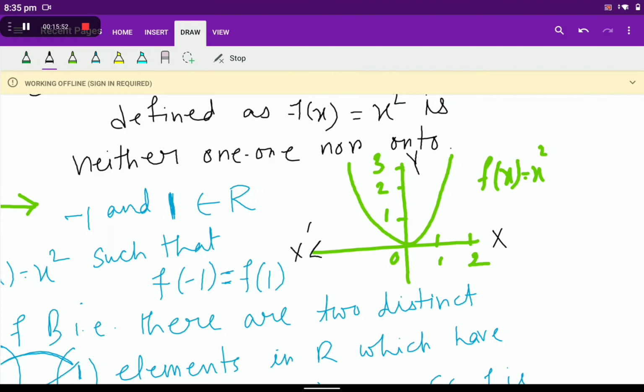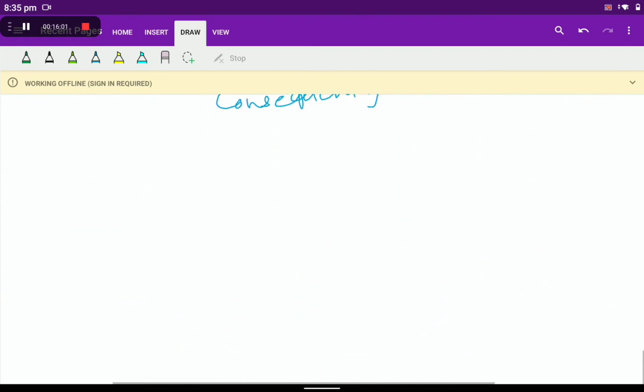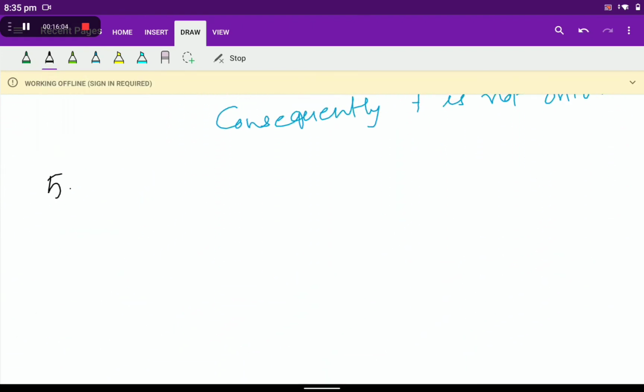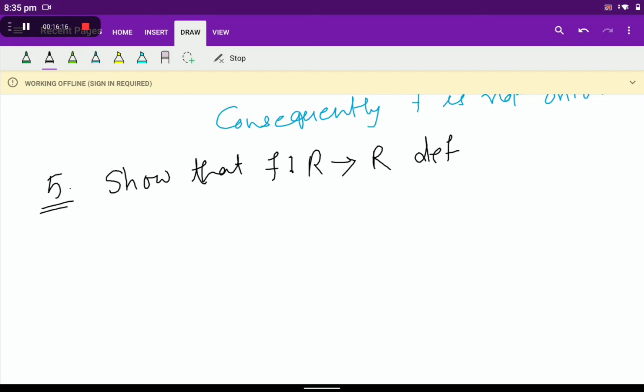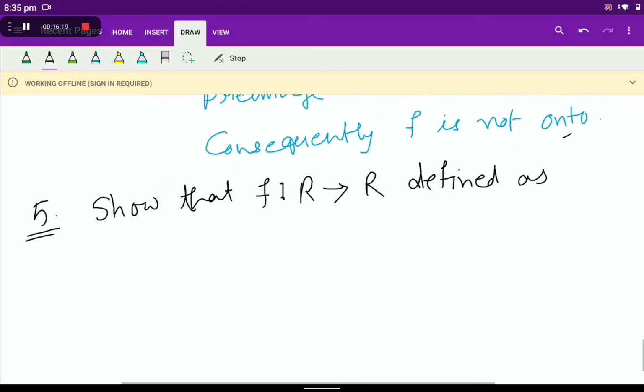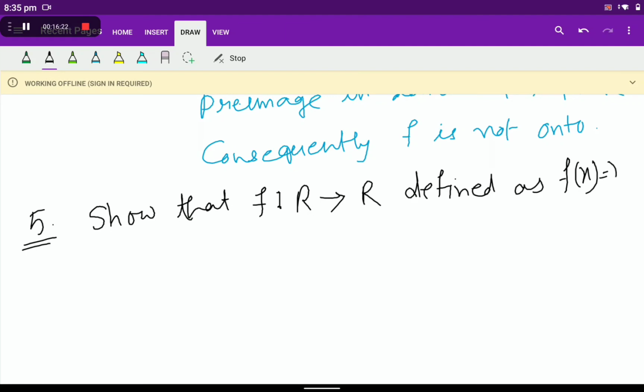So next move to the last problem, the fifth problem. Our fifth problem says that f that maps R to R, defined as f of x equals x cube, is a bijection. So first, what is a bijection mapping?